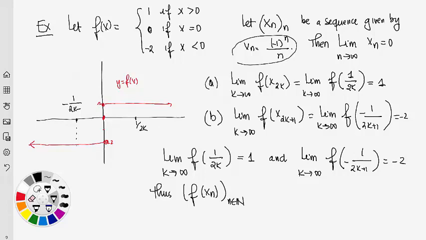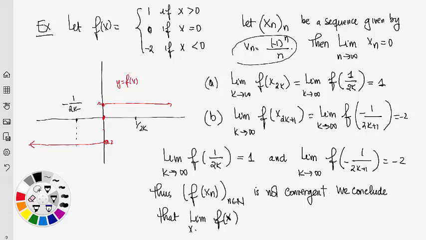Therefore this is not convergent, and we conclude that the limit of f of x as x is approaching 0 does not exist, because we have found a sequence which goes to 0 but its image does not converge.